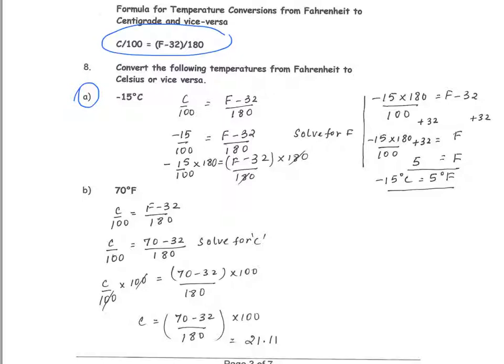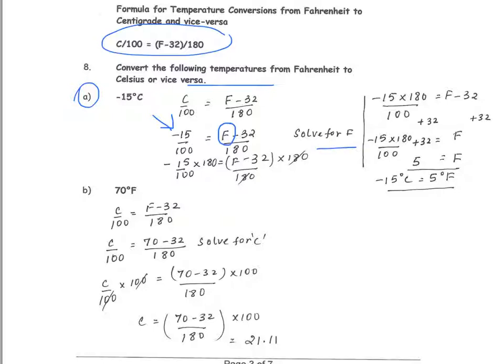So first write down your equation. The next step is to plug in what we know. So in this case, we know the temperature in degrees centigrade, so that's why I plugged in -15 for C. Now, F is the temperature in degrees Fahrenheit, and that's what we need to solve for.